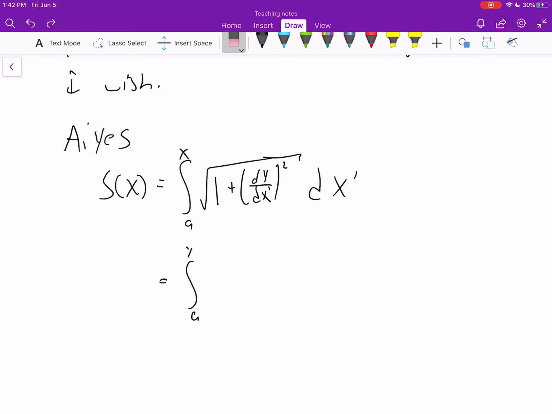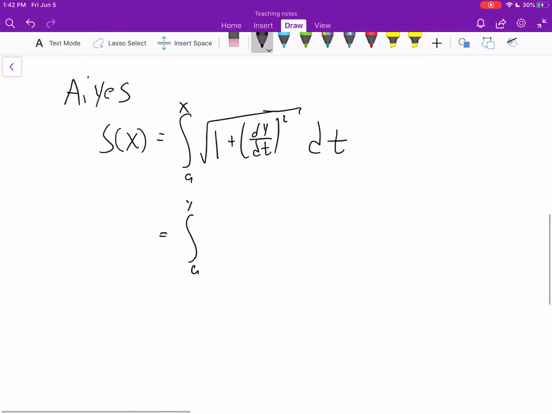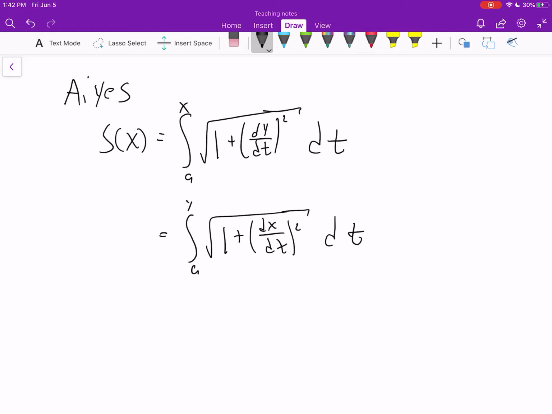You can also use dt, which is a little better since you don't have to drag around the primes. Because we're integrating, it doesn't matter what variable we use. And you can have something similar for y, if you're using y as your integration variable, and this would be square root of 1 plus (dx/dt) squared dt.